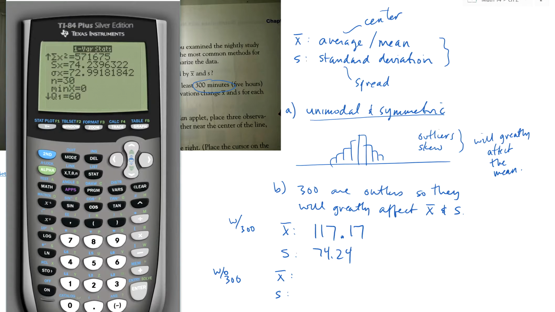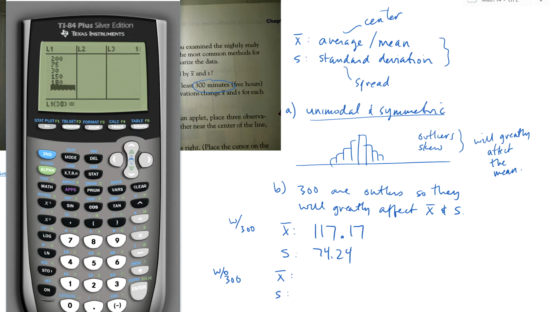Now we're going to go back to the data list and eliminate that outlier. I'm going to go down to the bottom of the list, which is all the way at the 30 pieces of data, and delete that outlier, and we're going to see just how great that is.